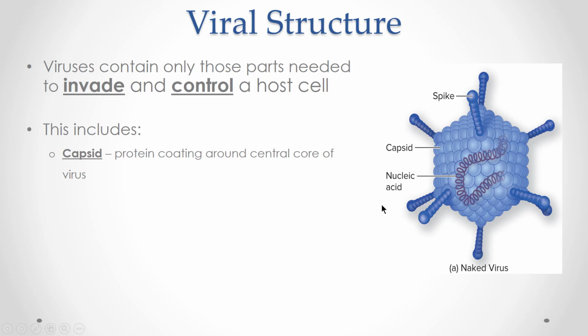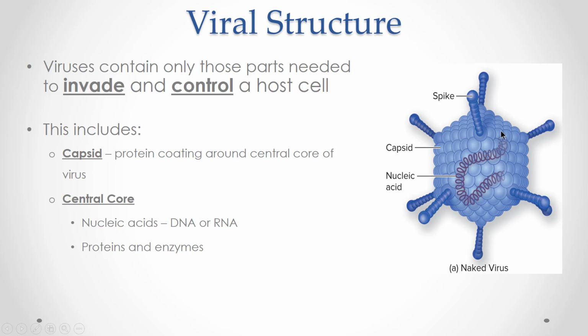So a virus starts off with the capsid, or we'll start off with the capsid. And as it says here, viruses are kind of minimalist. They only need parts to invade and control. A capsid is almost like the body of a virus, if you will. And it's this core light blue structure here.